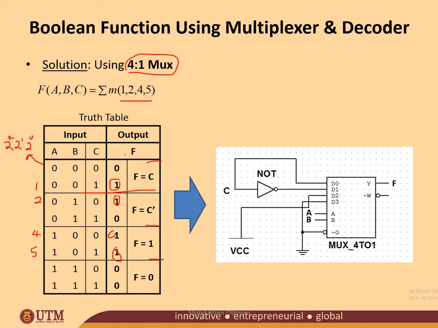So what happens is, here you can see F following the C. Here F is equal to C bar, here F is equal to 1, and here F is equal to 0. So what does this mean?